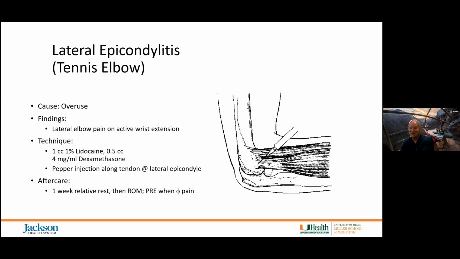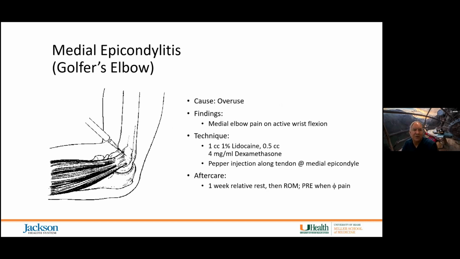So in this case, the origin of the extensor muscles, you want to take the pressure off of that by using a tennis elbow strap, especially over the next 5 to 7 days, and then gently start to move forward with range of motion, isometric exercises, moving on to more isokinetic types of exercises as you go through there.